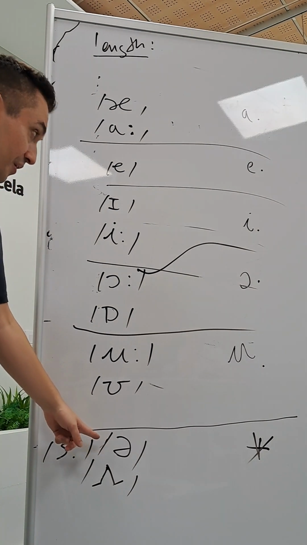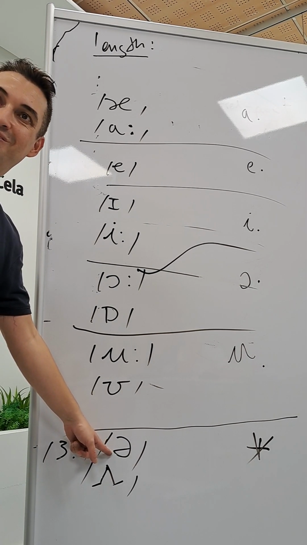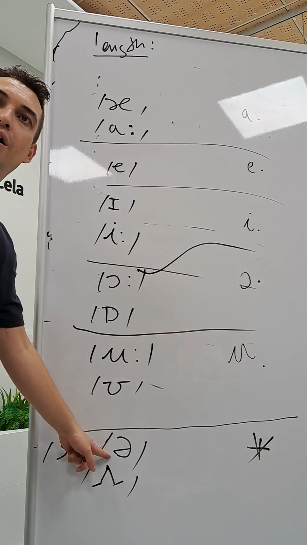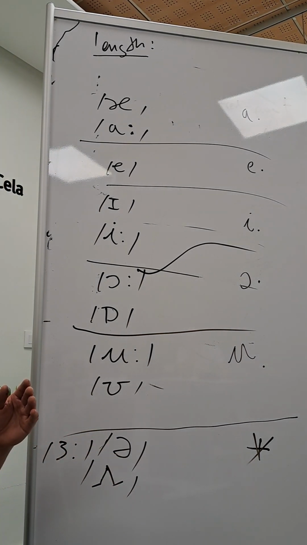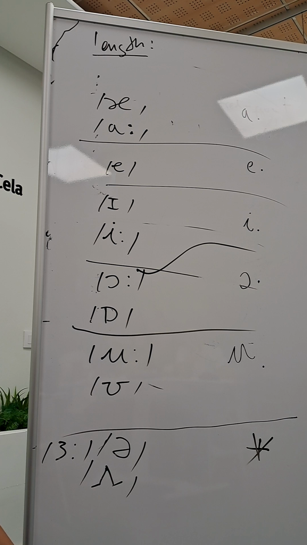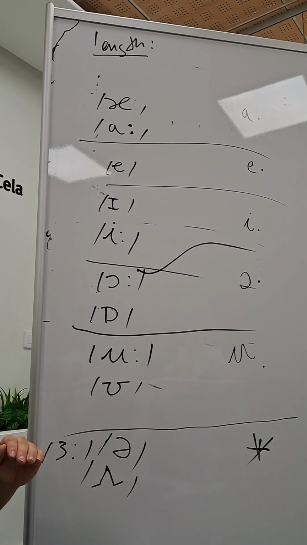This one, in terms of length, short. The tongue is totally relaxed, so you don't say it's either front or back. It's relaxed, it's central, a central vowel, exactly. In terms of the tongue going up and down, is it closed?